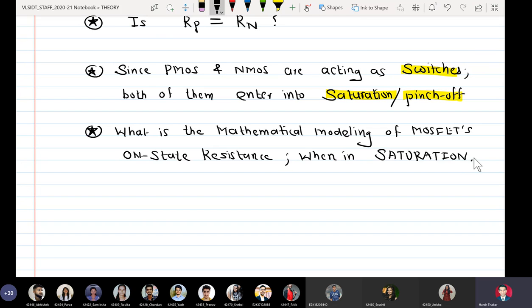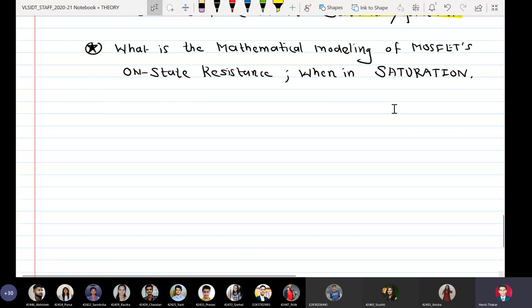So what is the mathematical modeling of the MOSFET's on-state resistance when in saturation? It's here.